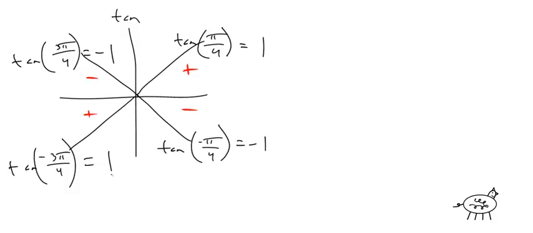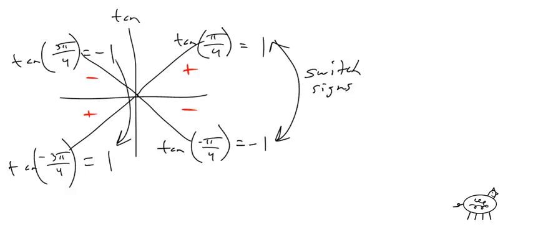Okay, so this actually has the same idea as sine, because remember, it switched. If I go from here to here, you switch signs. Same thing from here to here, right? You switch signs. So I can really say the tangent of theta is equal to y over x.